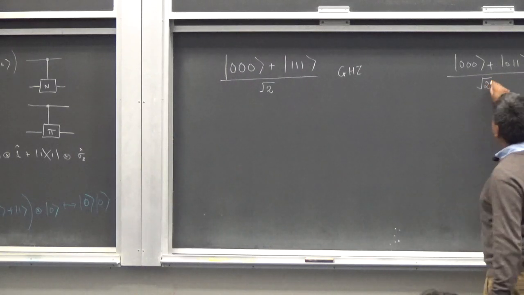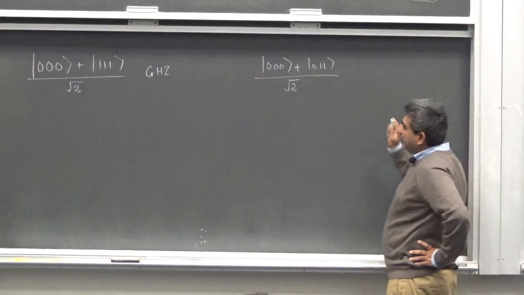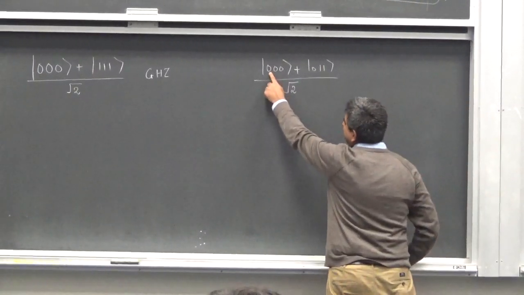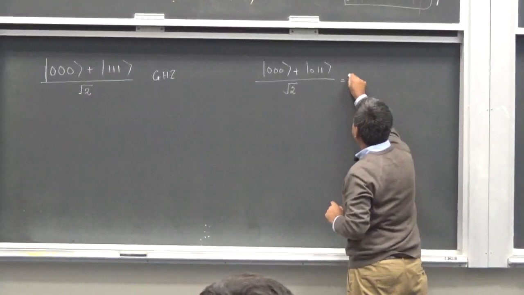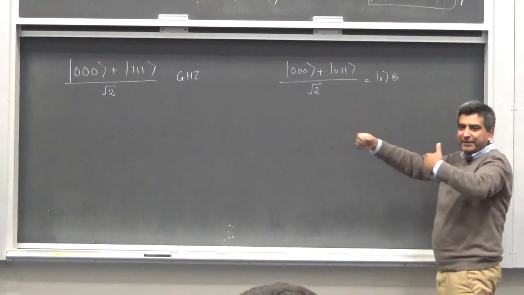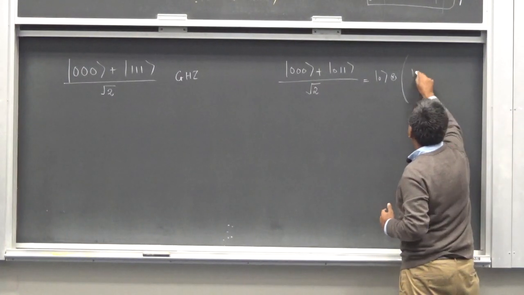Is this perfectly entangled? It's not perfectly entangled, it's partially entangled. Because you can ascribe a state to the first qubit here. Here it's ket 0, here it's ket 0, so you can write this as ket 0. But the second and third qubits in this soup of 3 qubits are entangled.